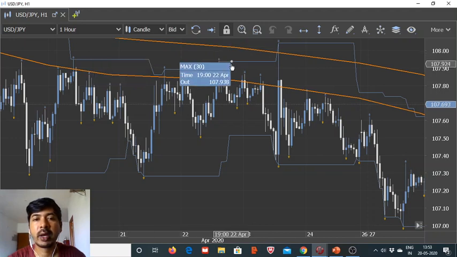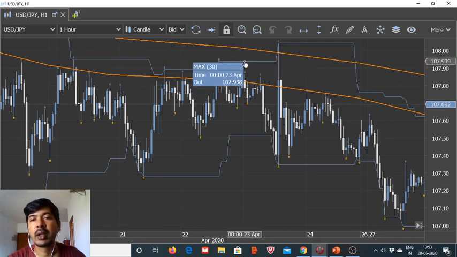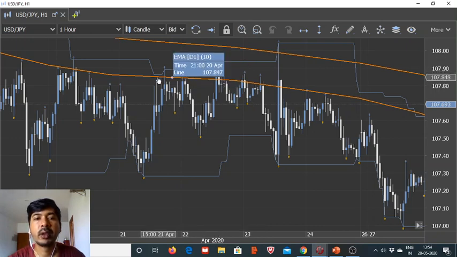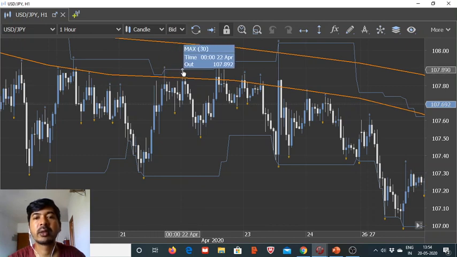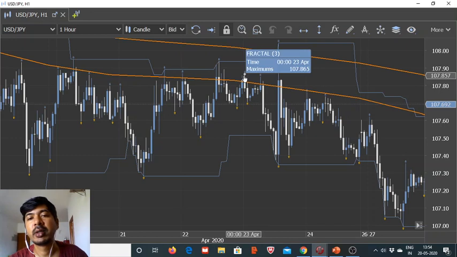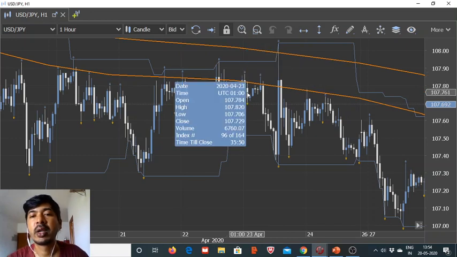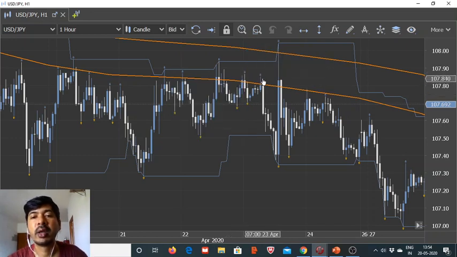The value is 107.938, so here also no trading will happen, as we need, anyway, this is 23rd of April, 0 GMT, and yes, trading will happen, and after this condition our algorithm would be placing the order somewhere here.